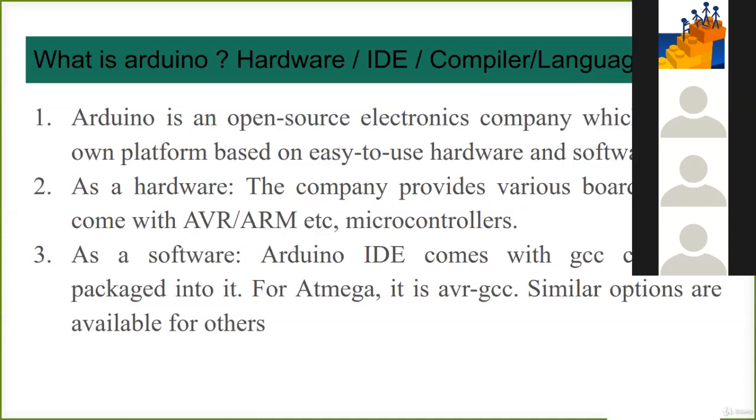But we have chosen Uno because it's the basic one, and also it is sufficient enough for us to use. Now there are much more advanced boards out in the market as well, but we have chosen the basic one to start with.